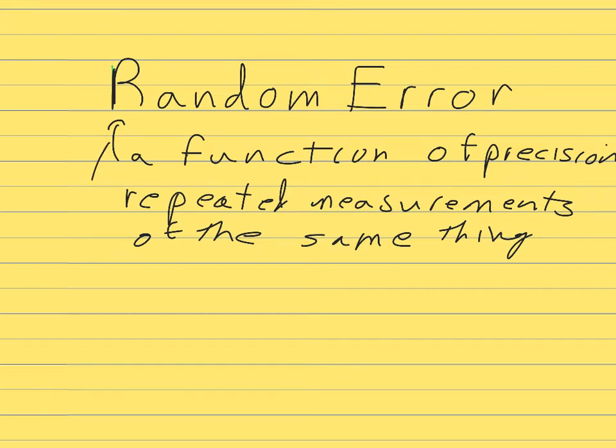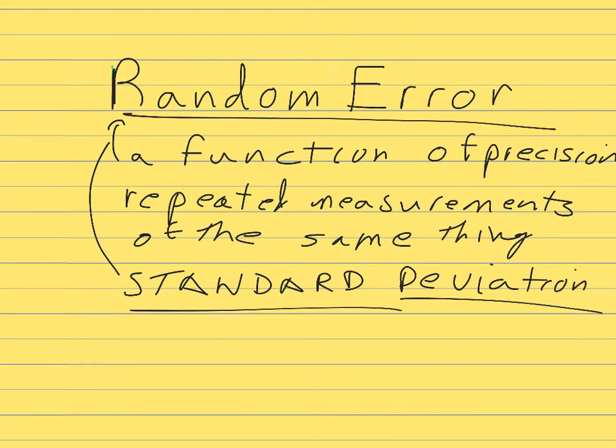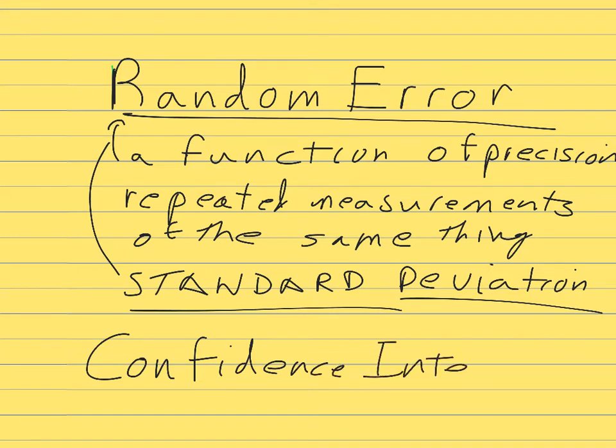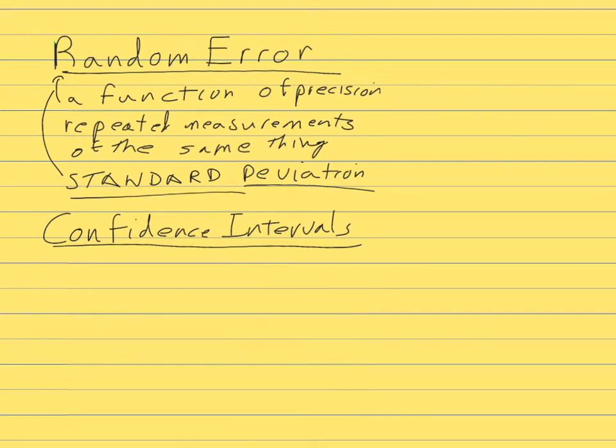So random error is really a function of the standard deviation that we talked about a couple lectures ago. We express random error using what's known as confidence intervals. See how everything's tying together from last lab? We could also refer to these confidence intervals as the uncertainty in our measurement.